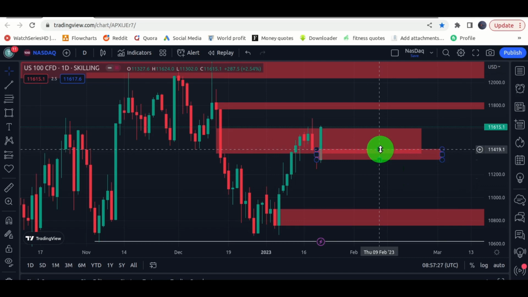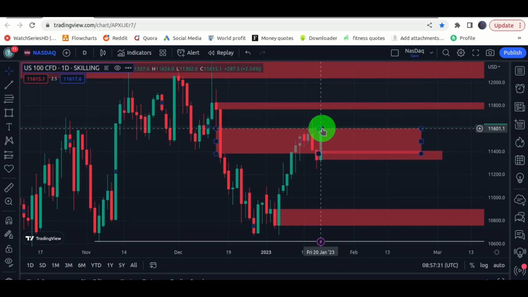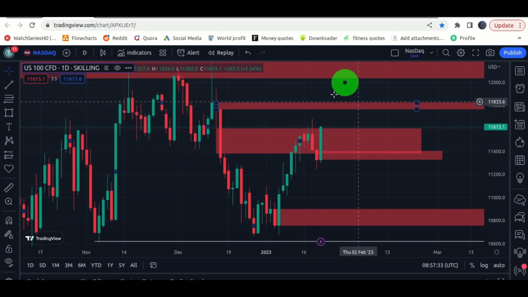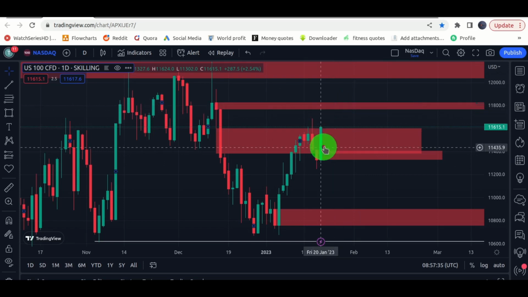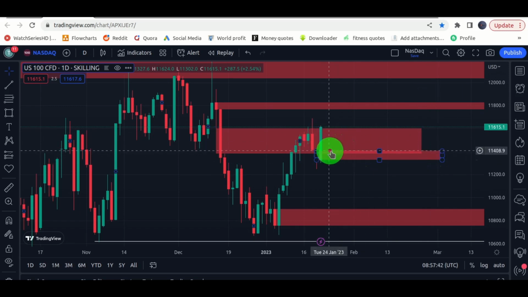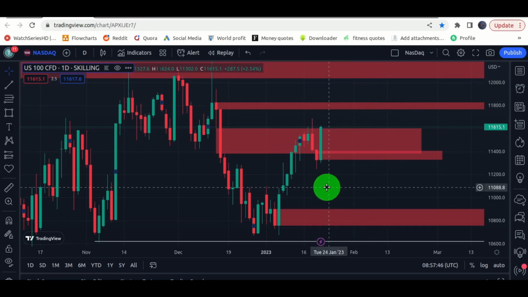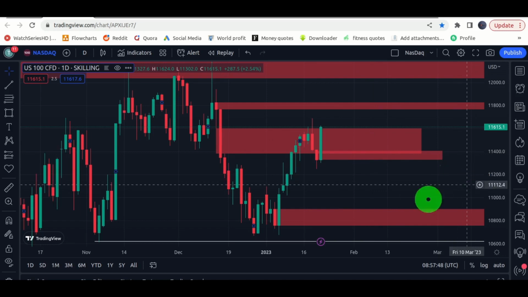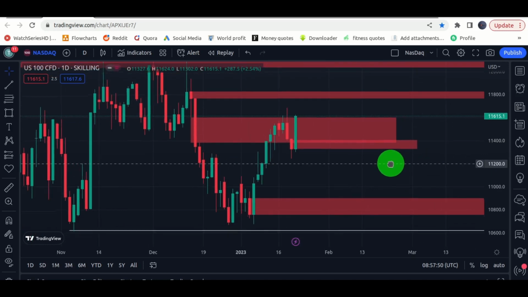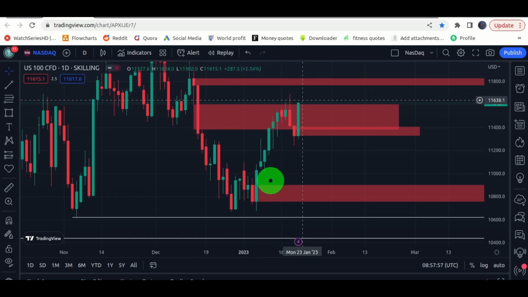It's either we're going to be looking to buy up until this order block here, or we're going to sell, anticipating the market dropping into this order block before it can tap into this other block and then finally go up. But either way, the momentum at the moment is to the upside.